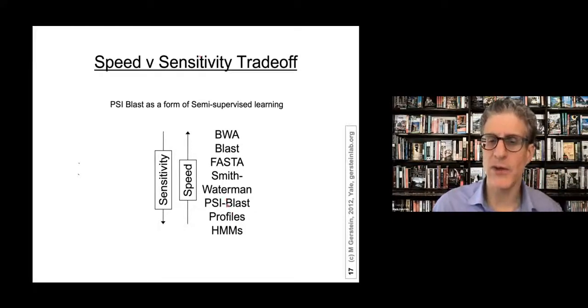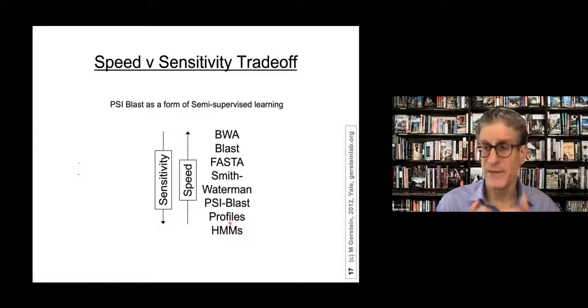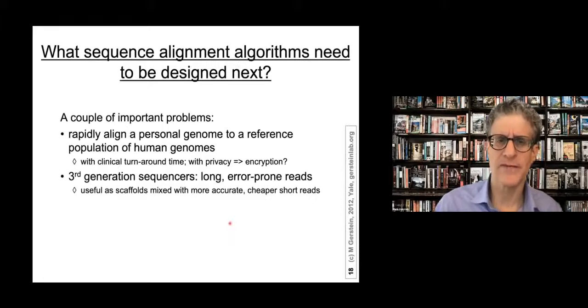And that's, of course, what we talked about with the profiles. And we didn't go into details, but to some degree, the same thing happens when you put a sequence into a hidden Markov model. There you get a more sensitive matching, but it's more expensive and it takes more time to search.